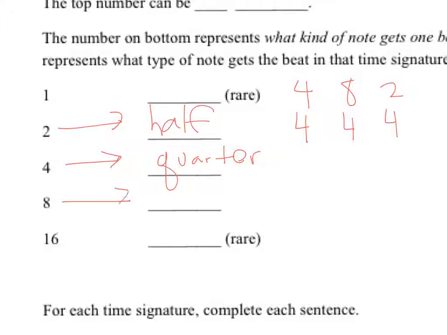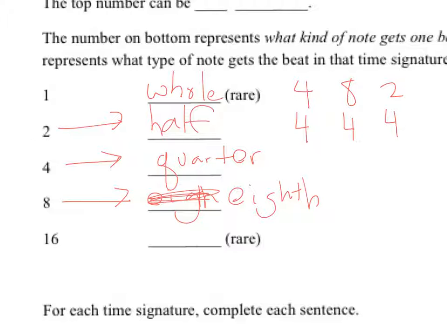If the bottom number is 8, the eighth note receives one beat. Rarely you may see the number 1, in which case the whole note receives one beat, or the number 16, in which case the 16th note receives one beat.